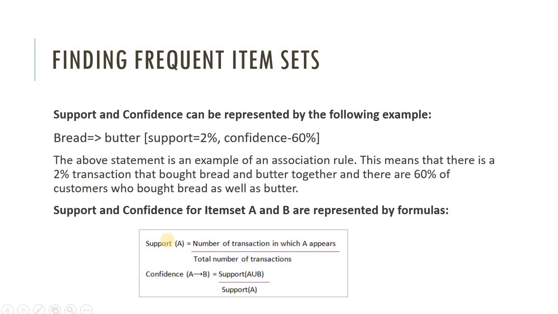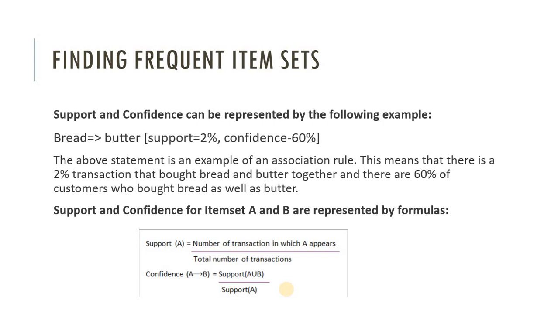The equation for support is the number of transactions in which A appears divided by the total number of transactions, and the equation of confidence, if A implies B, is the support of the union of A and B divided by the support of A. Here 2% support means that in only one transaction bread and butter are purchased together. So the support is 2%.